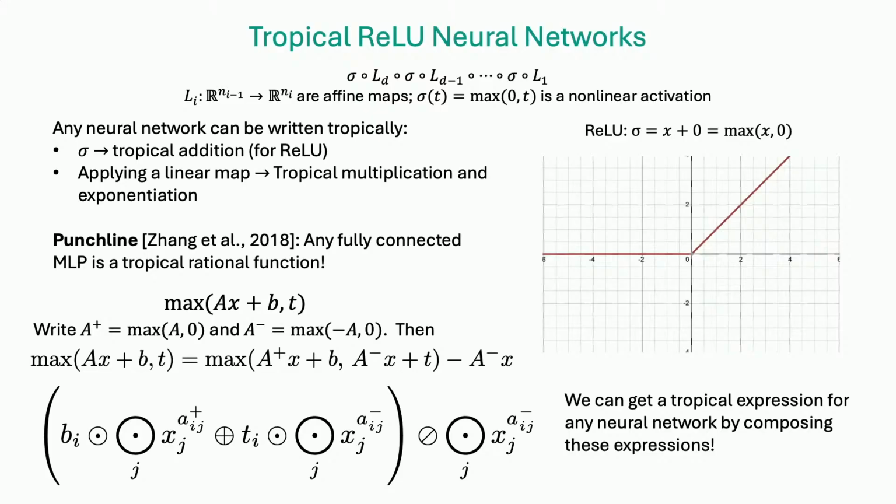This is because what you're looking at is this expression of maxes of linear functions, with these tropical operations, which looks quite nasty. But again, just remember that everything here is basically products and sums. Products turn into sums, and addition turns into maxes. The idea is that you can just reiterate this for every single layer, and then compose them, and it turns out that you get this tropical representation in terms of a tropical rational function.